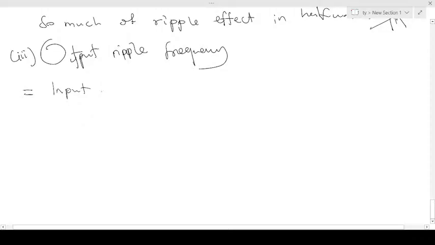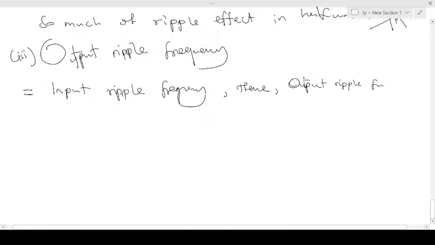Your output ripple frequency is equal to your supply frequency. Hence, our output ripple frequency Fr is equal to 50 Hertz.